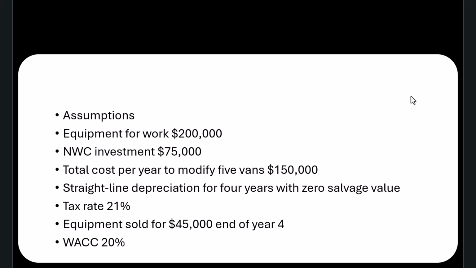We're going to assume that they use straight line depreciation for 4 years with 0 salvage value. The tax rate is 21%. At the end of year 4, they're going to sell the equipment for $45,000. And the weighted average cost of capital, or the fair return they're looking for, is 20%.